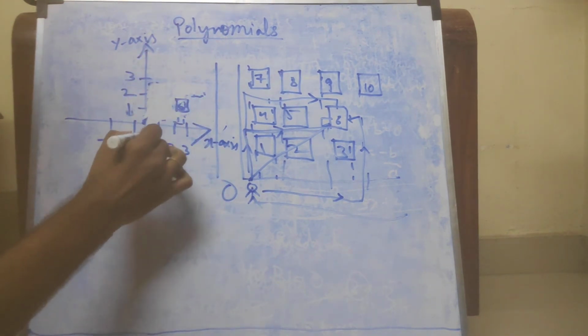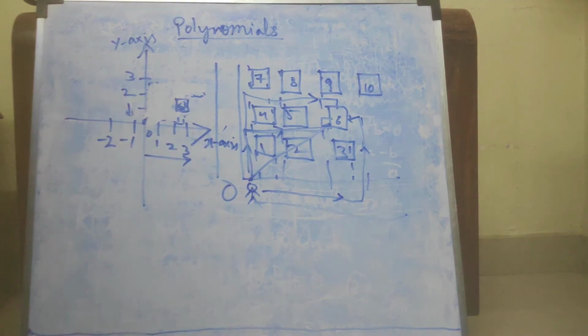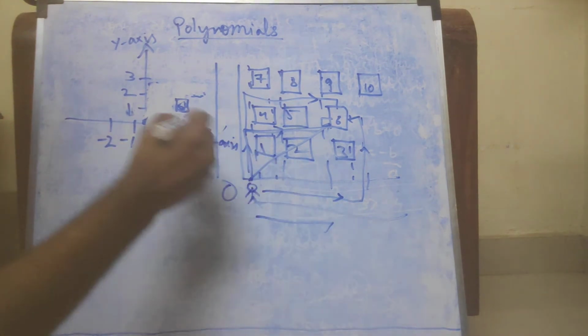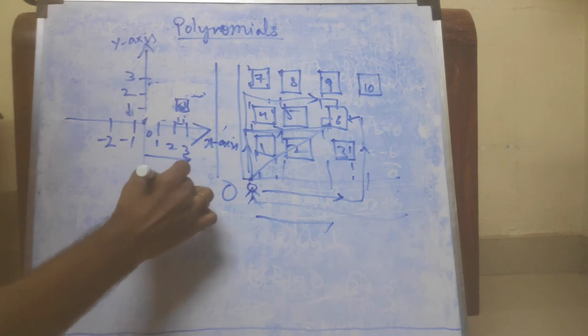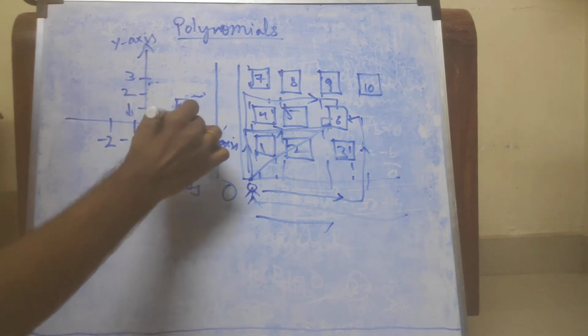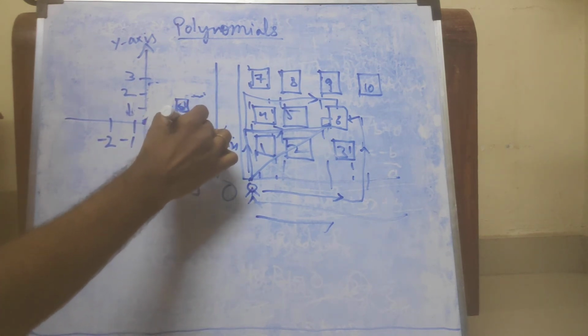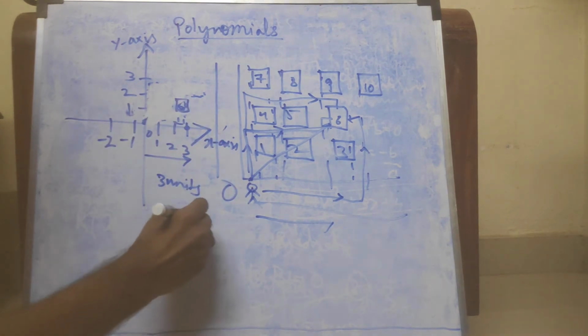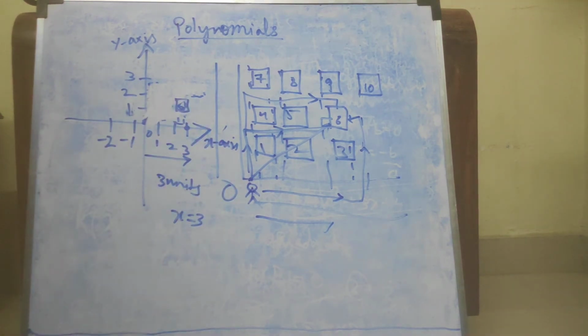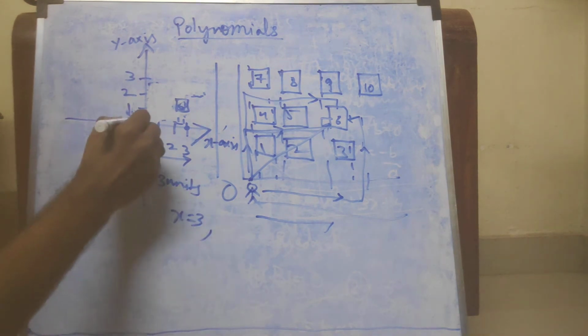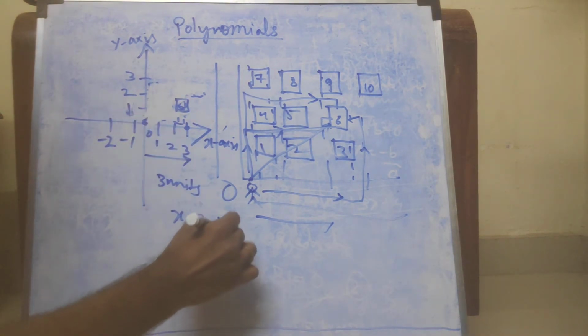First the person has to go like this, up to 3 units. After coming to the x equal to 3 point, the value of y here is 0.